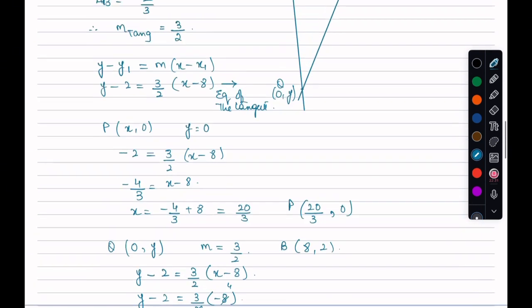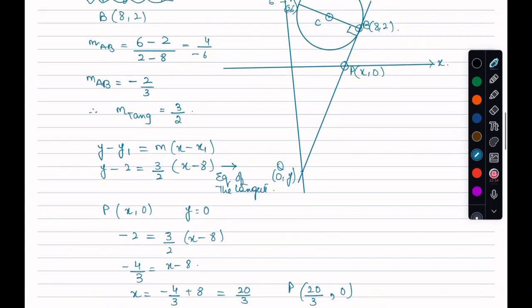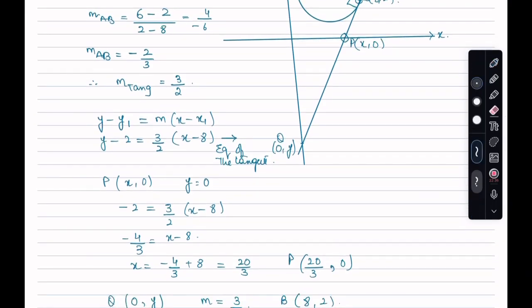So the two values very well satisfy the diagram that we made. Q was below the origin, so (0, -10), yes, that is the coordinate, and P shall have the coordinate which we found as (20 by 3, 0).